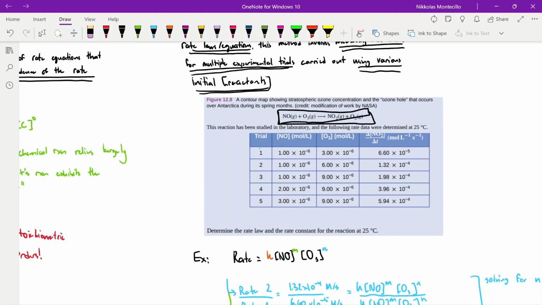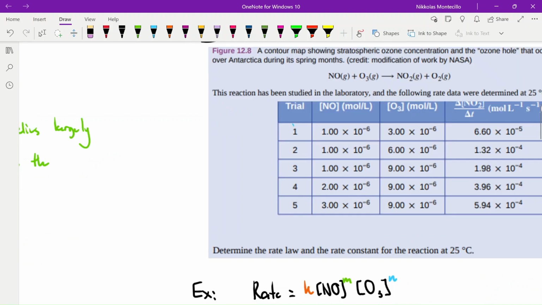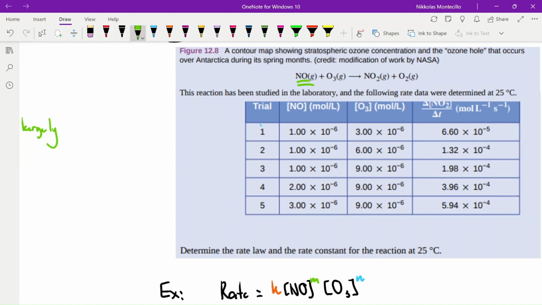So remember, let's go step by step. The first step, we want to determine the number of reactants, or what reactants are in the chemical equation. And from that information, we want to propose a rate law where the rate is equal to k times the concentration of NO, which is the first reactant, times the concentration of O3, which is the second reactant.